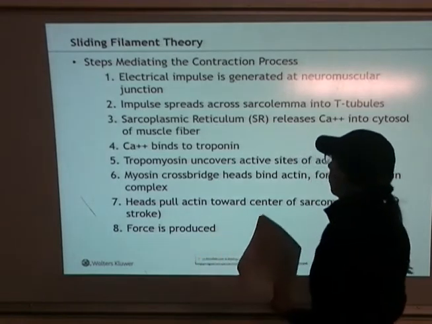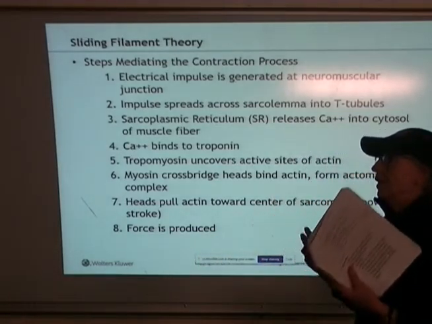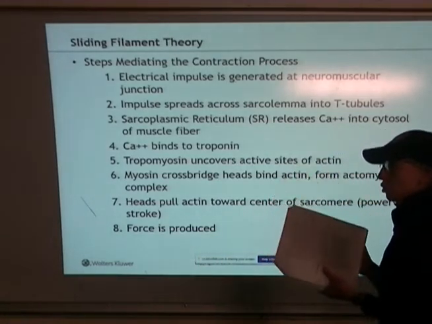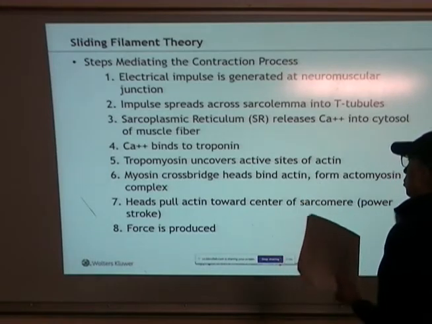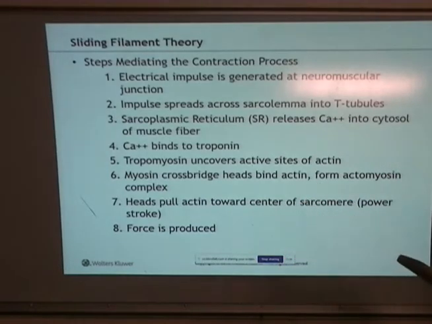So the first thing we have to do is change the resting membrane potential. The electrical impulse is generated at the neuromuscular junction if enough acetylcholine attaches to the receptor sites on the sarcolemma. Then that will reinitiate the action potential.